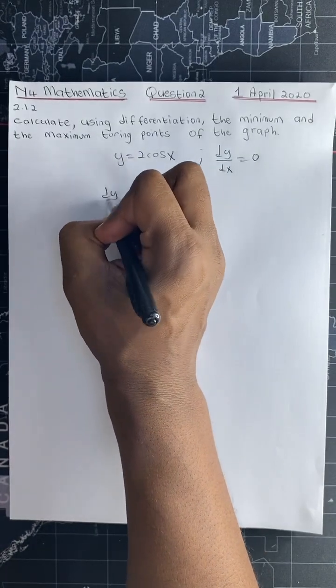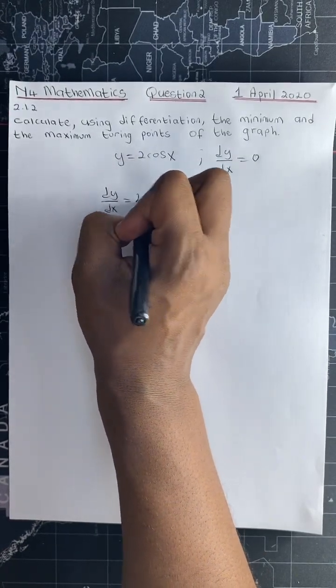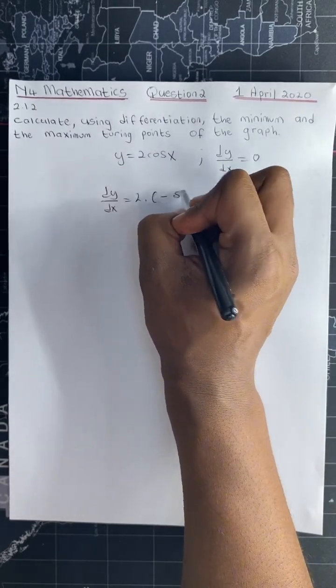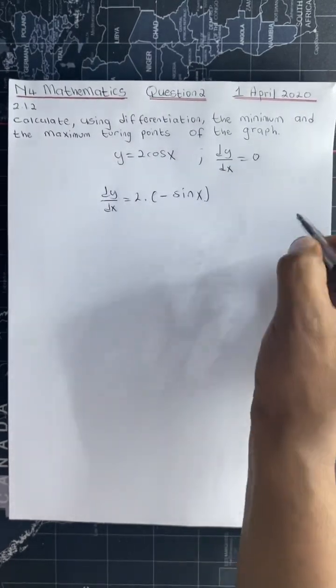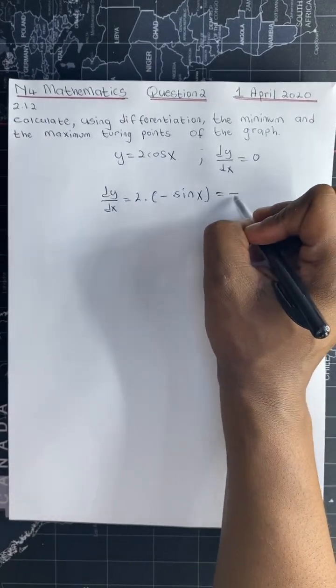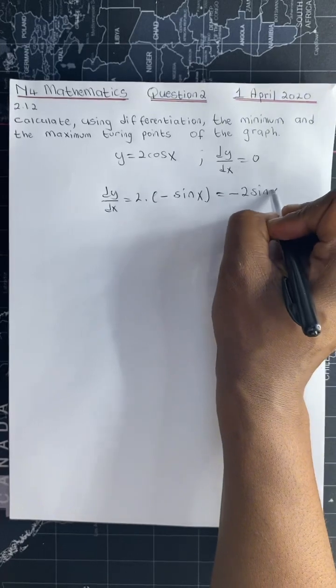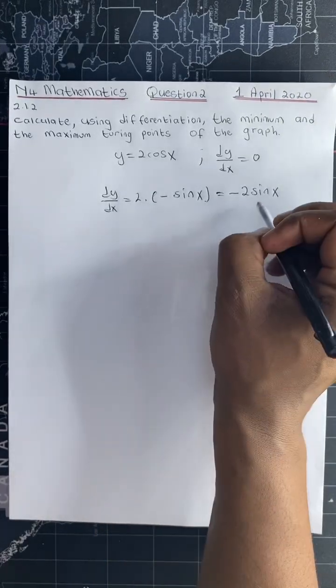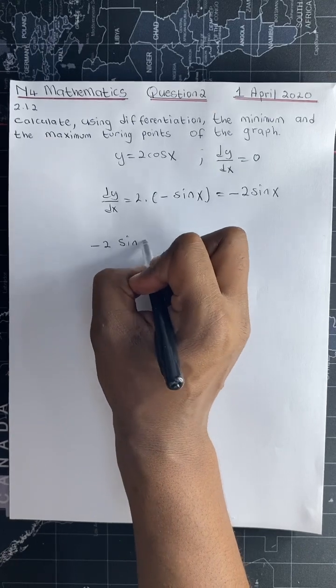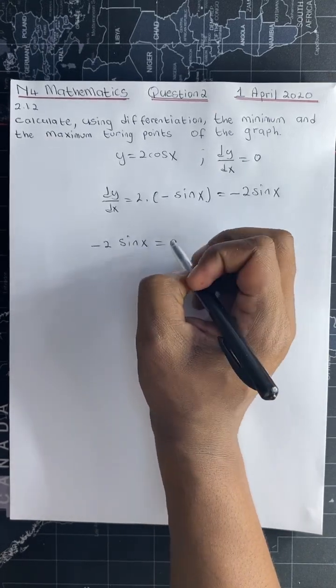So dy over dx is equal to 2 times the derivative of cos x, which is negative sin x. So this will be equal to negative 2 sin x, and we equate it to 0.